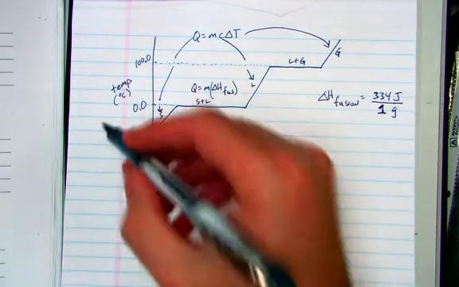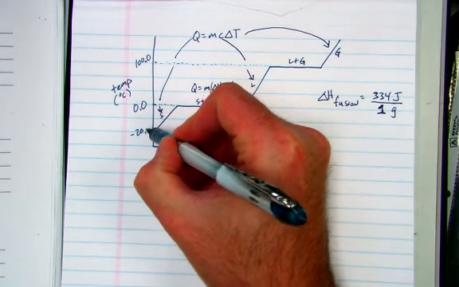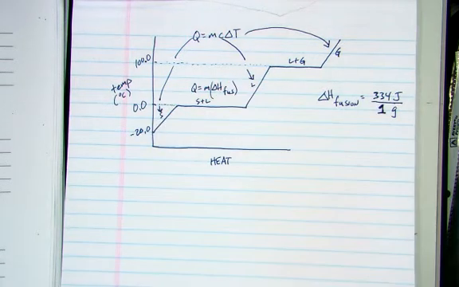So let's say that we're going to have a piece of ice that starts out at negative 20 degrees Celsius. Okay?